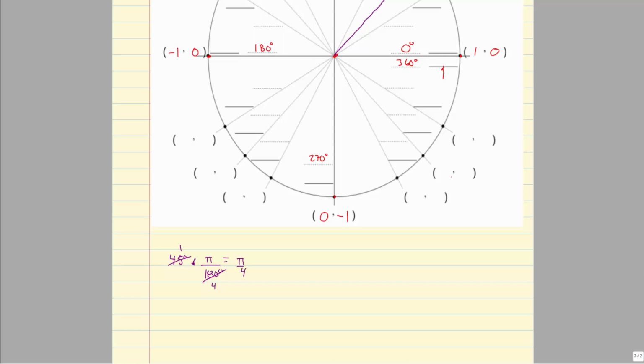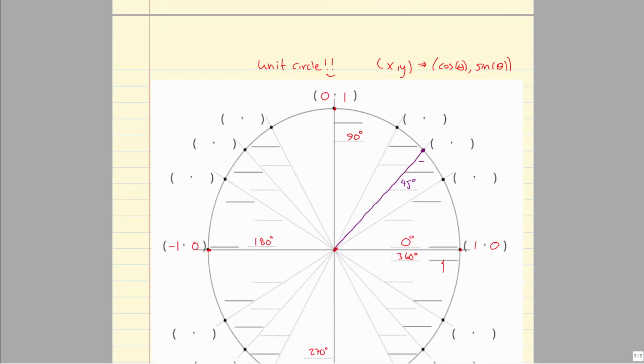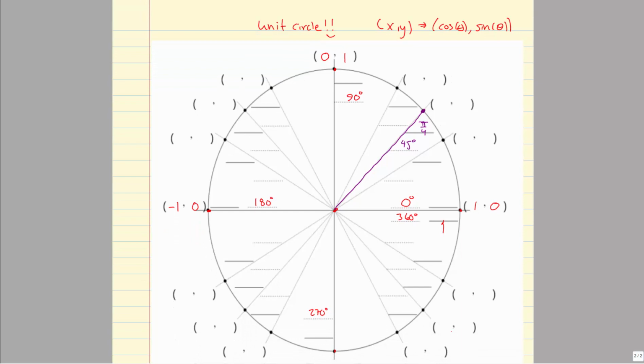So 45 degrees is pi over 4. Every angle that's a multiple of 45 will also have a denominator of 4, pi over 4. However, some of them can be reduced, and we'll see that in some cases. So here I have my 45 degrees, pi over 4.